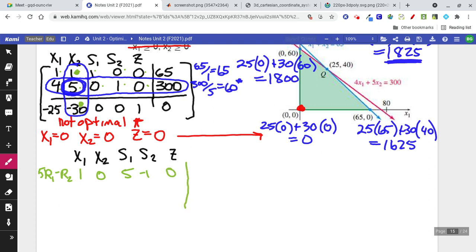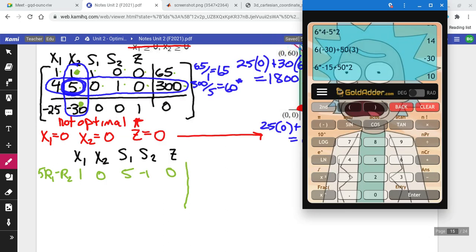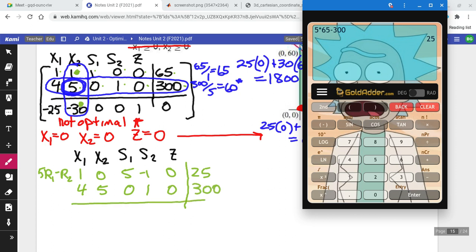Bar. 5 65s minus 300. 5 times 65 minus 300 is 25. Okay. The row that you circled is your pivot row, and we don't need to change that. So leave it alone. 4, 5, 0, 1, 0, 300. We didn't need to change that one.